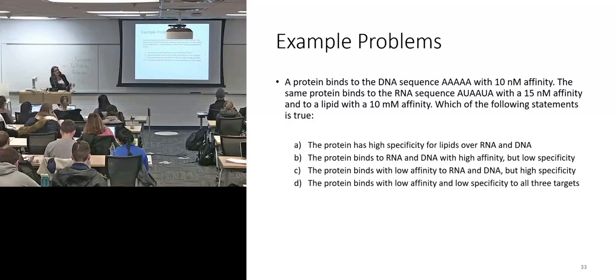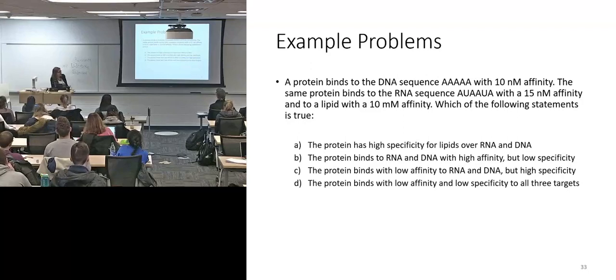Okay, so who thinks A is the correct answer? This is the true statement. B, C, D. Okay, I got a few hands for C, none for A and D, mostly B, and then some people who didn't answer. B is the correct answer.